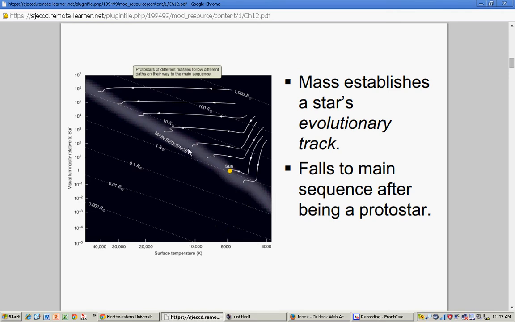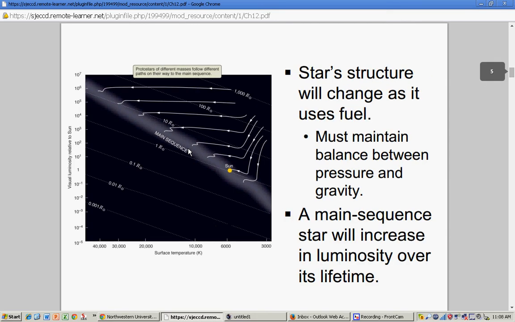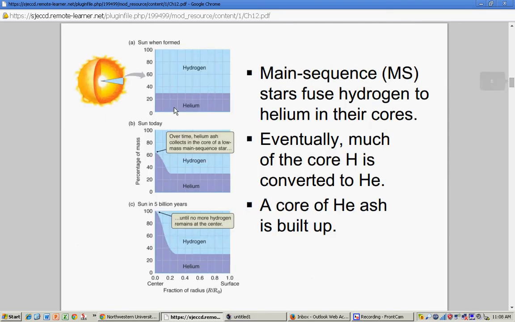And there they will spend most of their lifetime. As main sequence stars, they will be fusing hydrogen into helium in their very core for most of their lifetime. Okay, but eventually, what is going to happen? This is when the star starts out its life.